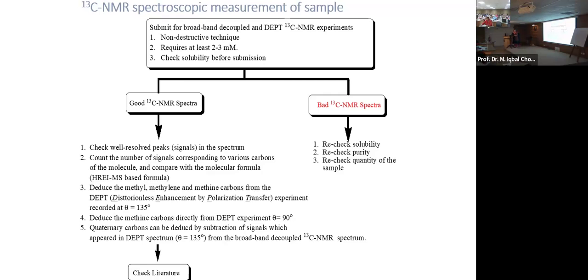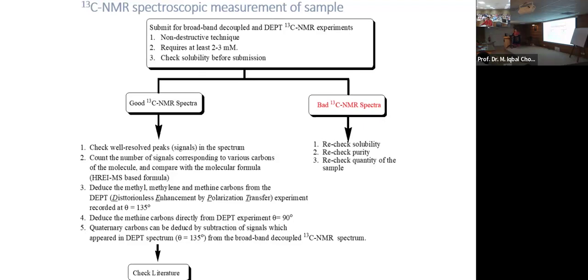You need to record the broadband spectrum. Dr. Iqbal will be discussing all these different types of spectra, their experimental details, and the theory behind them. The broadband spectrum is the one-dimensional C13 NMR spectrum. Then you also have DEPT NMR, which is distortion-less enhancement by polarization transfer.